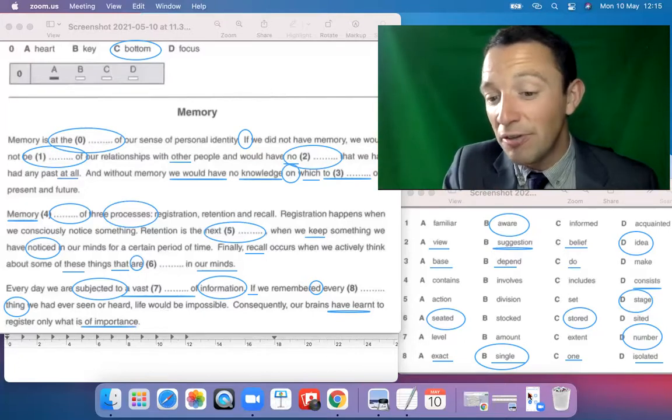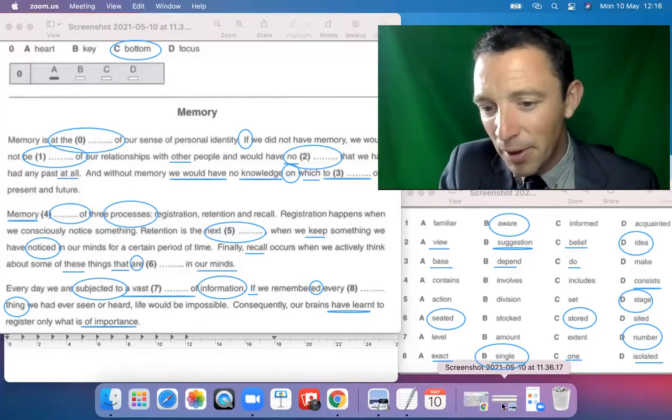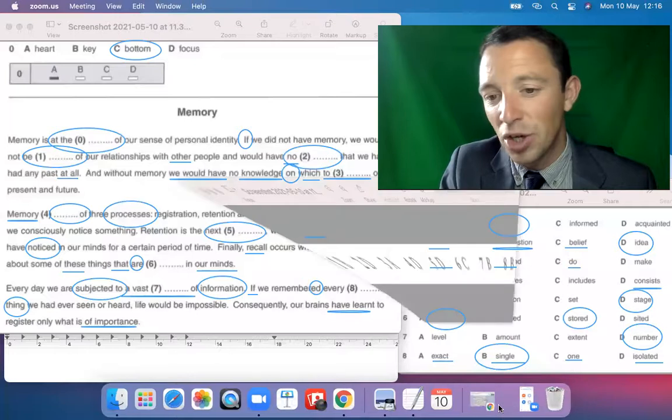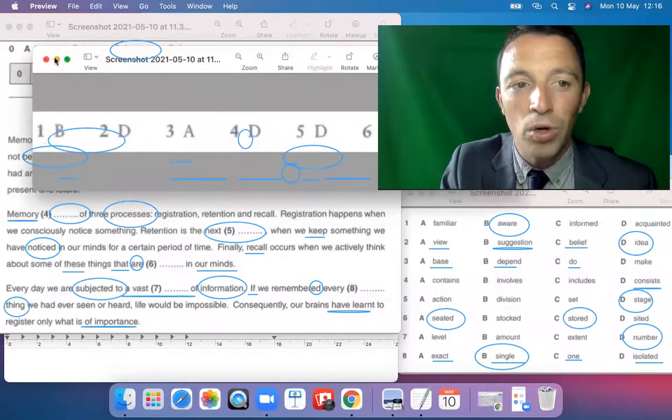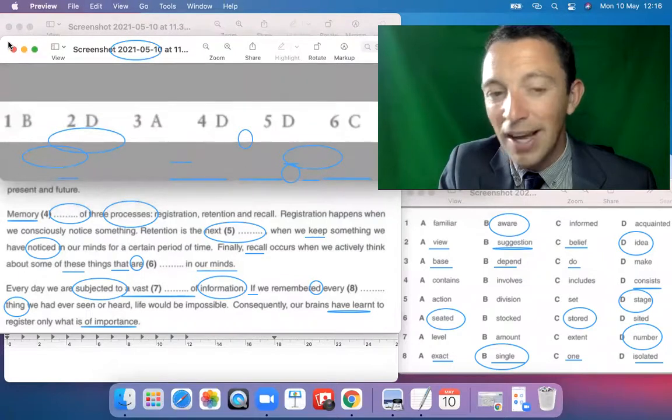And just to show you the official answers, I think we have the answers here at the bottom, but I need to make it a bit bigger. So I'm just going to clear this text, and I need to press this button here to show you the answers. So number 1 is B, aware of. Number 2 is D, which was no idea.